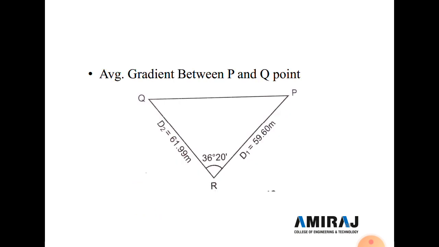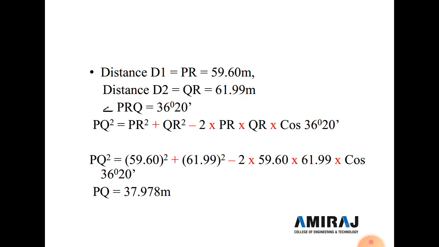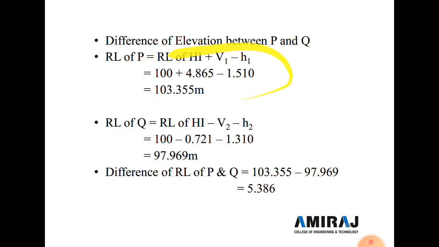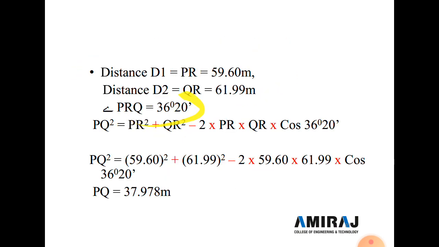Now the gradient between points P and Q. The horizontal distance to P is 59.60 meter, and the horizontal distance R to Q is D2, equal to 61.99 meter. Now the distances we already found, and the PRQ angle is given in the example.